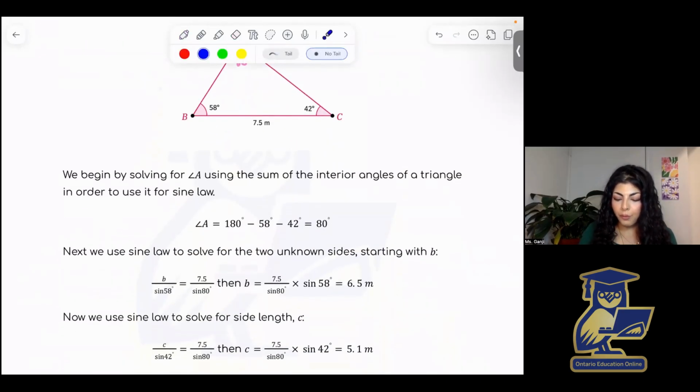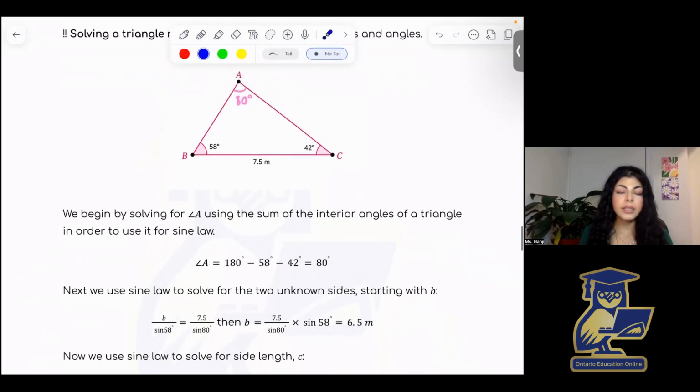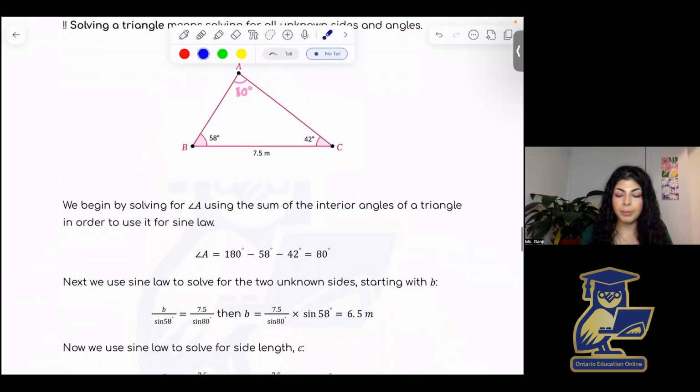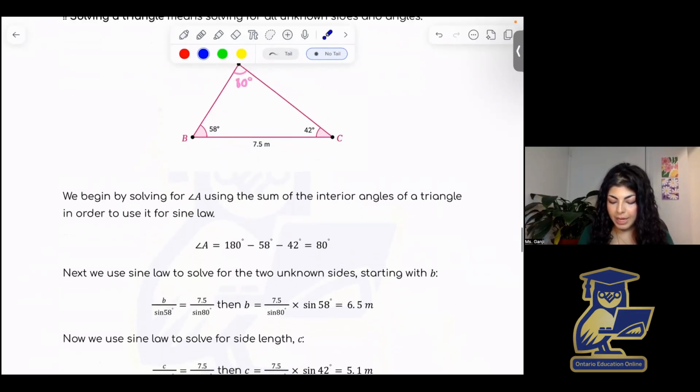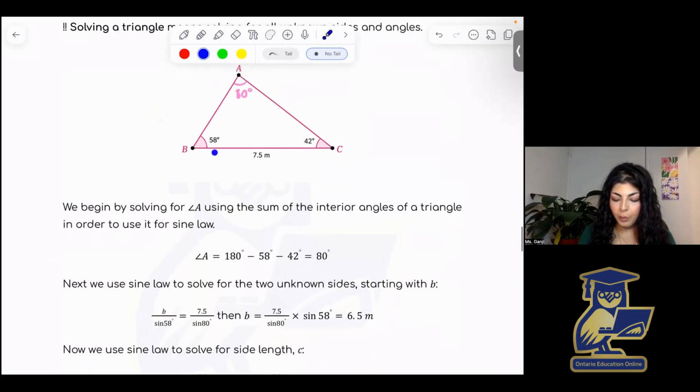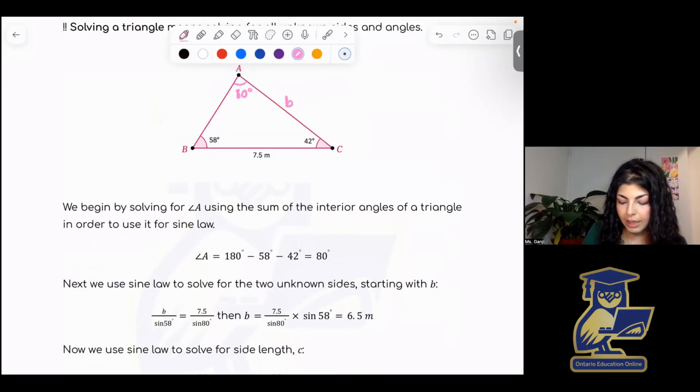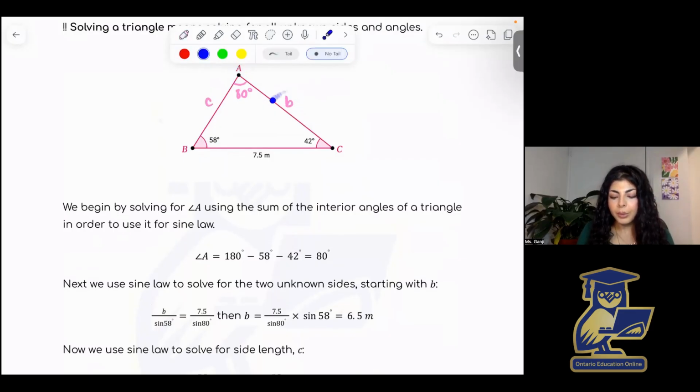Now, to solve for the two unknown sides, you can choose either one to start with because now you have one ratio and then you have the other two angles, so you can solve for their opposite sides. So starting with B here, this is side length B and this is side length C. We know that the ratio of B to the sine of 58 degrees is going to be the same as 7.5 over sine of 80 degrees.